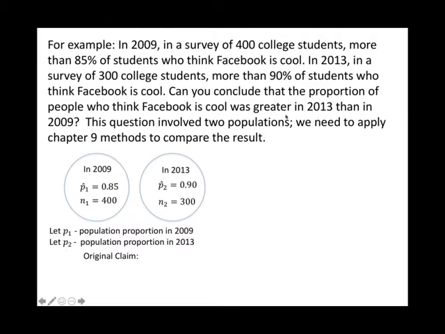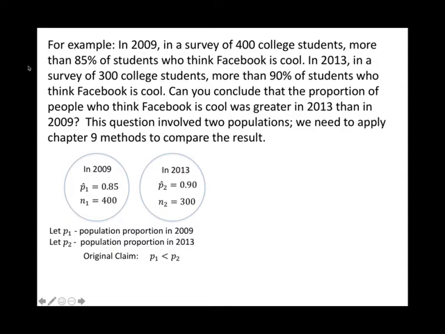So from the claim statement, we could write P2 greater than P1. But I'm gonna put it this way, P1 less than P2. For population 1, try to put it on your left hand side. Instead of putting P2 greater than P1, I would say P1 less than P2 here.